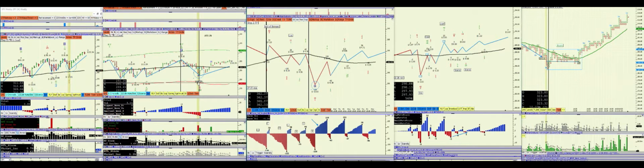So I saw the climax on the daily on the pullback, saw the buying on the hourly, right here. This wave up corresponds to this wave volume of 120 million shares. 119 million shares. And that was the biggest price volume in the 7 and 4 price and volume waves.